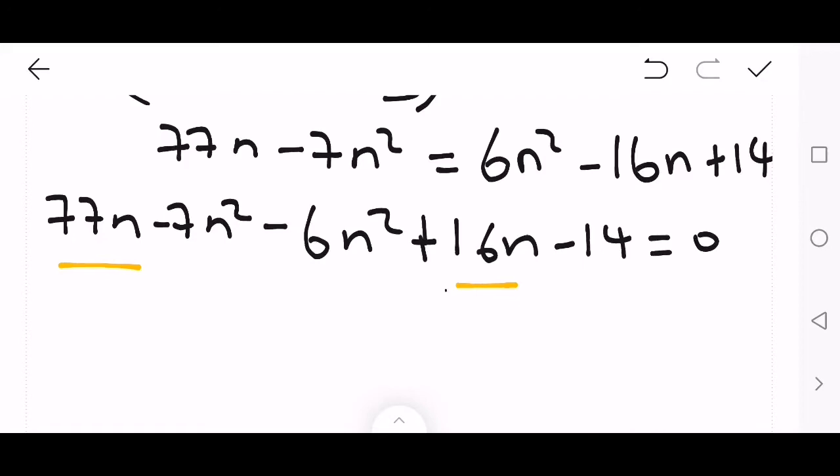So we'll have 77n plus 16n, that's going to be a positive 93n.